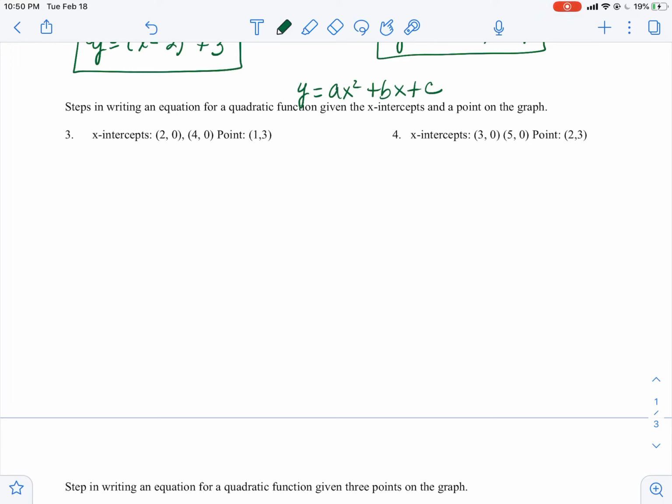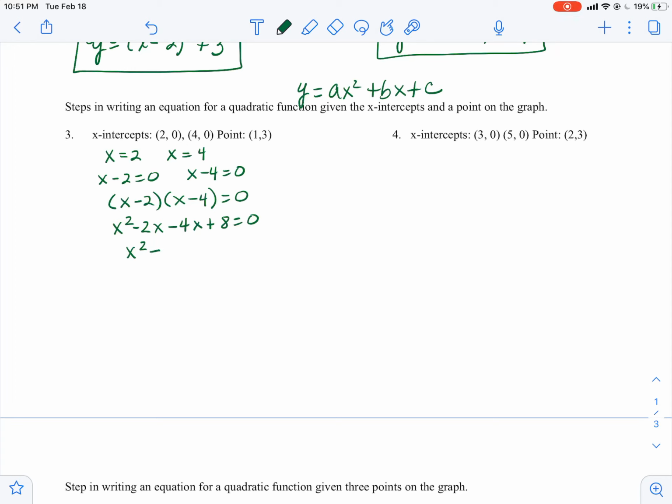If I was doing this problem, I'll go ahead and put in the steps. I know that x equals 2 and x equals 4, which means that this is x minus 2 equals 0 and x minus 4 equals 0, which means that if I go back to my equation, it would be this. And then if I FOIL, I am going to get my equation that looks like this.